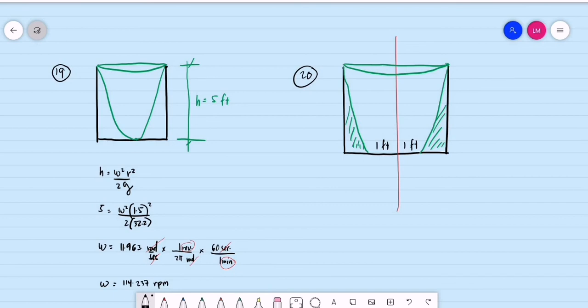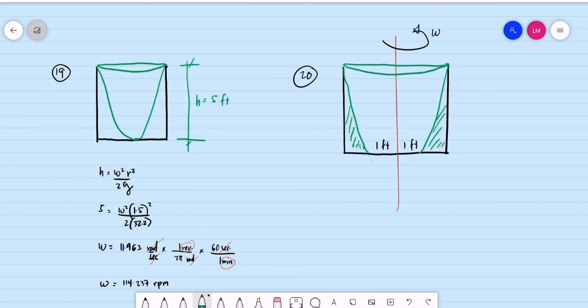So how do we compute for the required angular velocity? Take note, if we have an open tank and an angular velocity that will cause an incomplete paraboloid, all we have to do is extend the paraboloid under the tank.